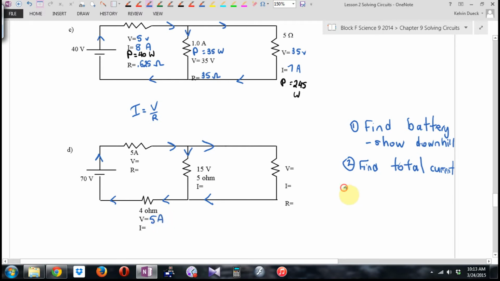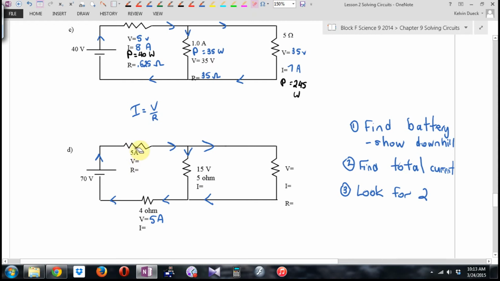Then the last thing I do, I write down, look for 2. I look for any resistor where I know 2 things, because if I know 2 things, I know 3. Do I know 2 things on this resistor?